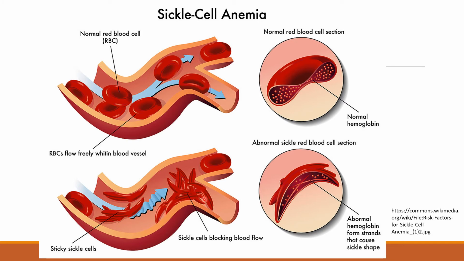So the blood loses its oxygen carrying capacity, and here you can see the shape. Abnormal hemoglobin forms strands that curve the RBC like this, while this is the normal hemoglobin which gives it a disc shape. This is the half of the disc shape RBC.